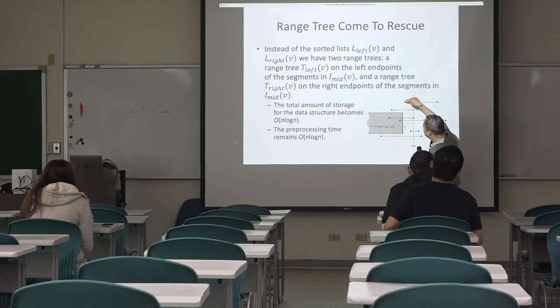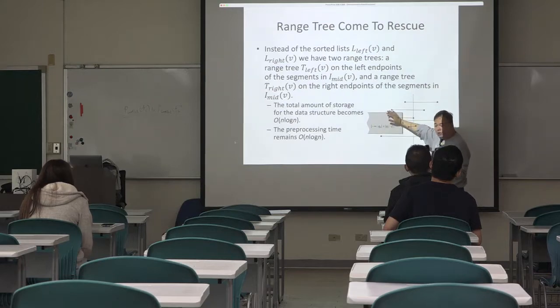We are given a set of left endpoints in the I mid. This is the segments in the I mid, right? This contains all the segments in the I mid.